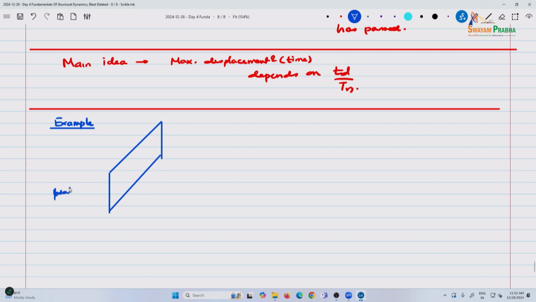This is a wall, typical height of a wall 12 feet, 4 meters or so, and let us say the wall is 30 feet, bays are typically about 25, 30, 40 feet, and this wall is supported. This is a curtain wall or a wall of an industrial building, let us say, and you have an I section right here.